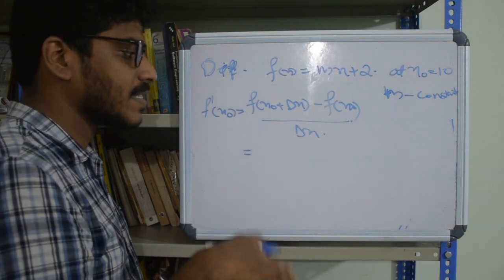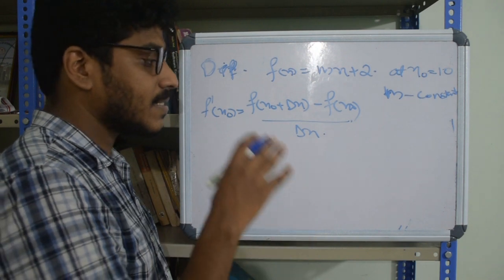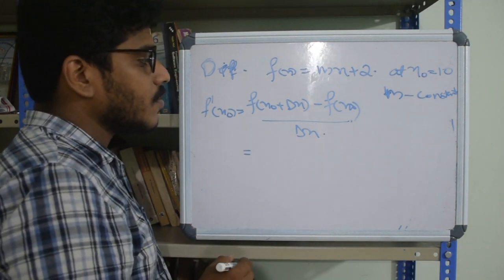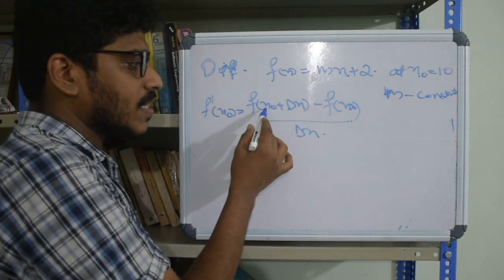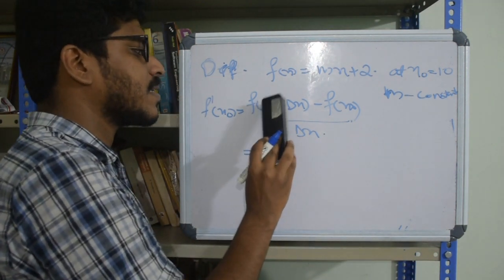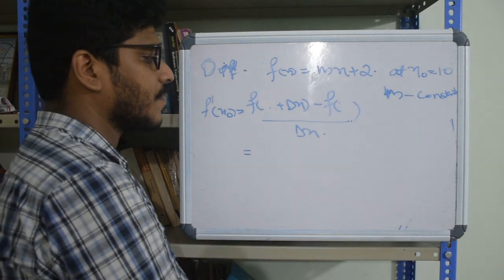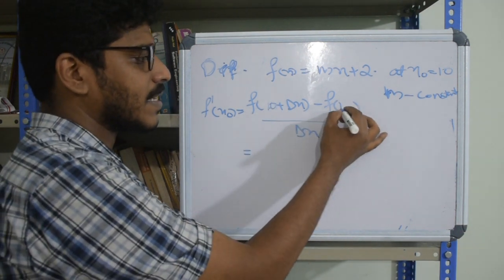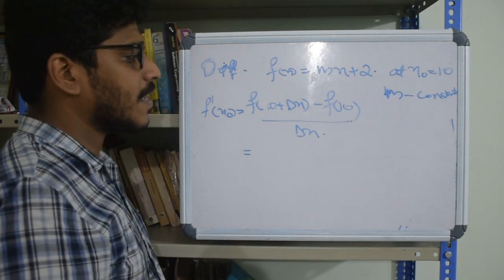Remember, I will repeat it several times as it is that important. So f of x equal to mx plus 2, so what is f of x naught plus delta x? X naught is 10 here, so we can directly replace this from here itself. F of 10 plus delta x and f of 10. So what is f of 10 plus delta x?